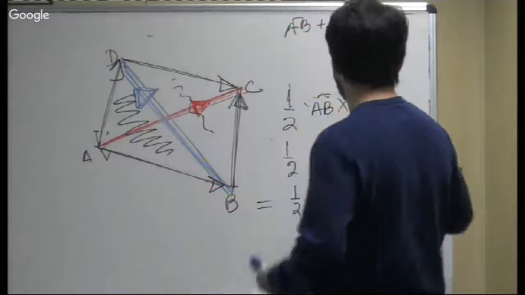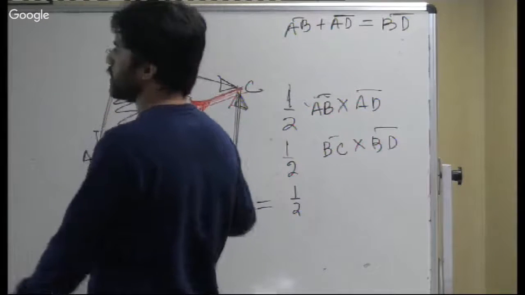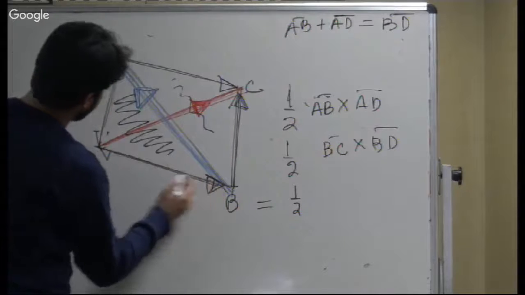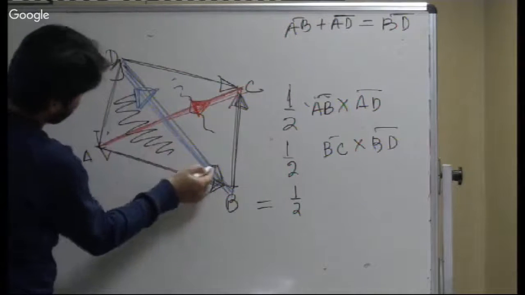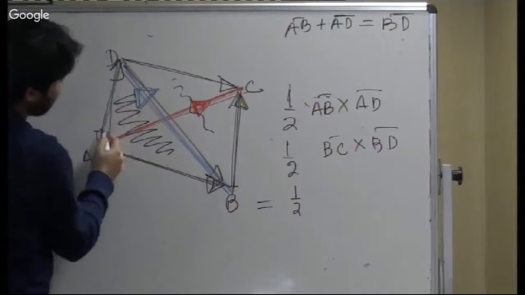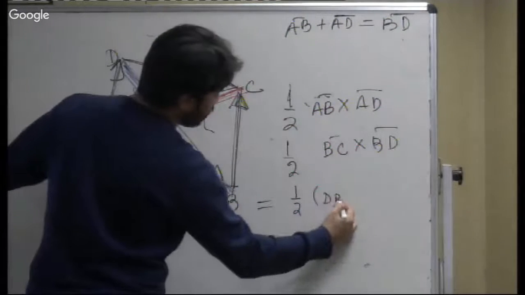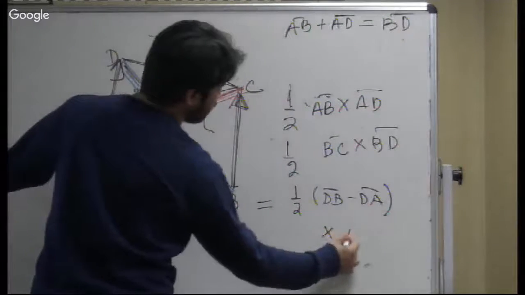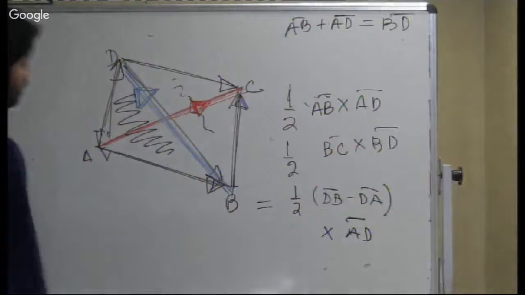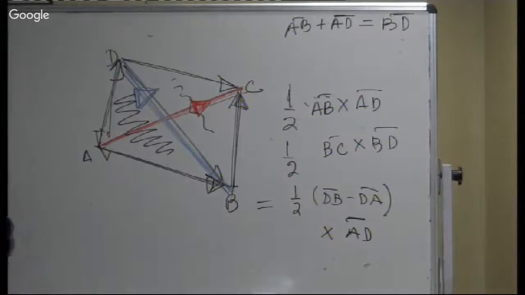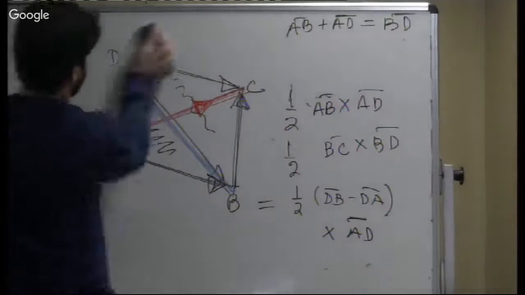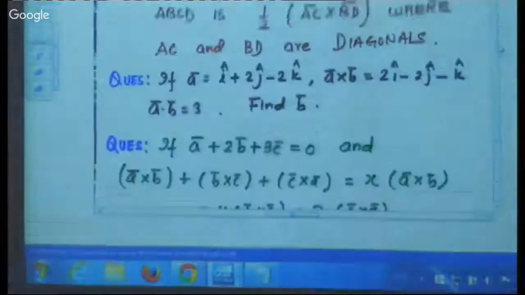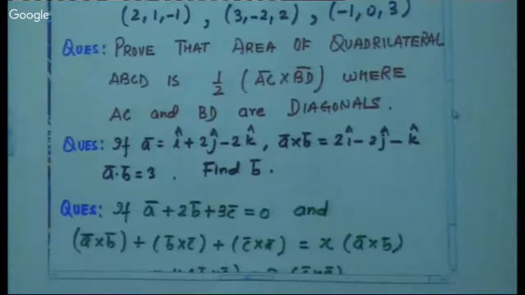I want my answer in AC and BD, right? So this AB can be written as DB minus DA cross AD. Wait, we have to draw again the diagram. All has gone hodgepodge a little. We'll start from the very beginning.